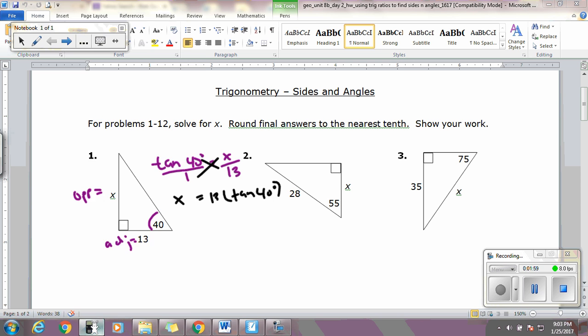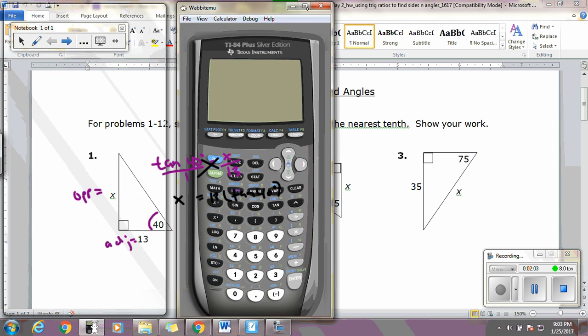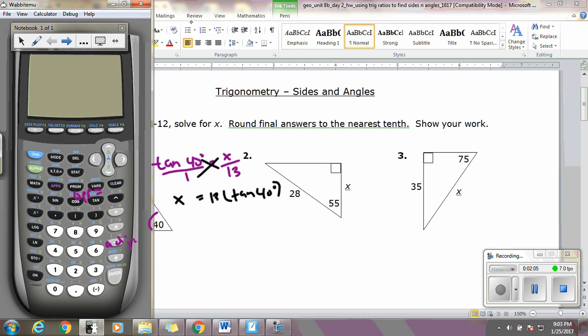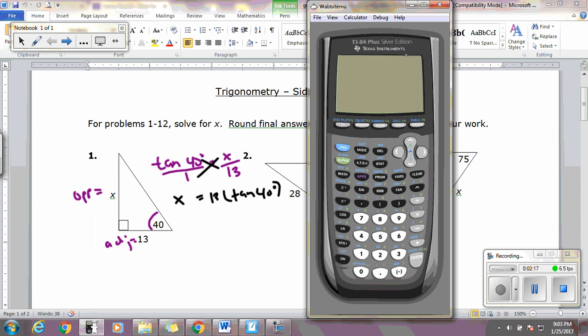Alright, so on a graphing calculator, however, we can type this expression in completely in one step. Make sure it's in degree mode. Again, go to mode. There we have it.